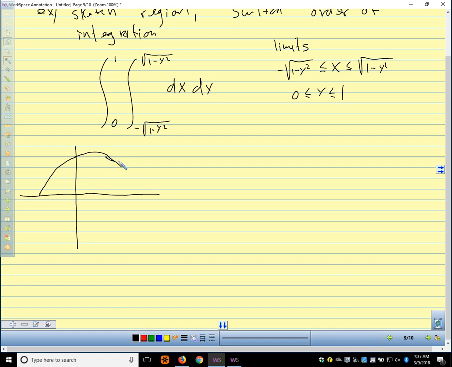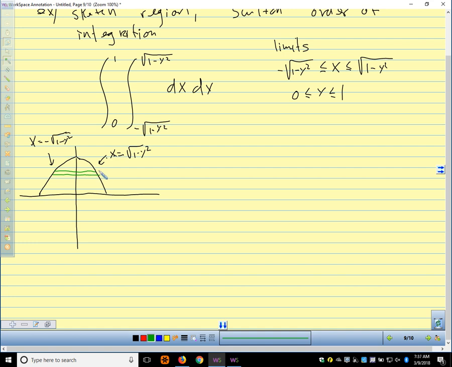This is x equals the square root of 1 minus y squared. And here, this is x equals minus the square root of 1 minus y squared. The order of integration tells us that originally our rectangles are horizontal.